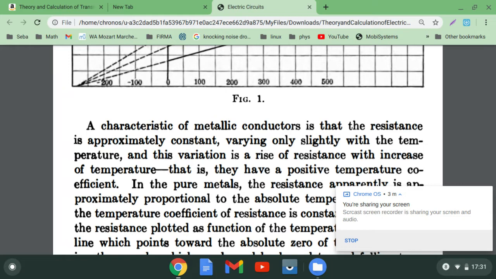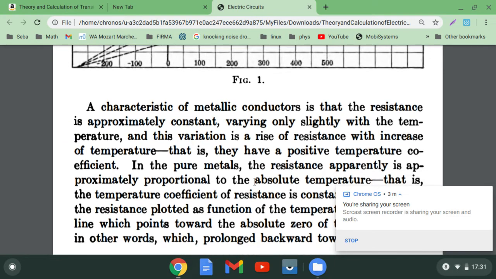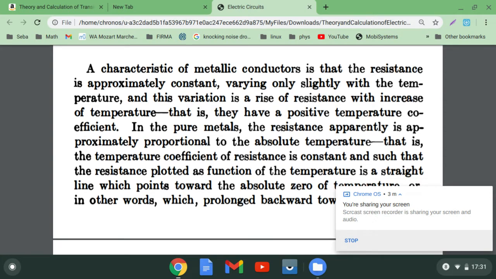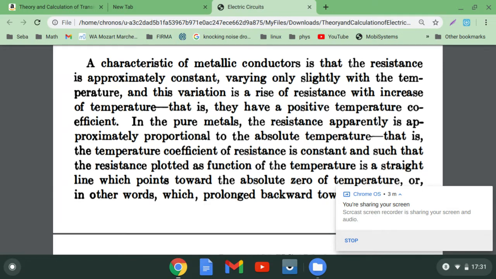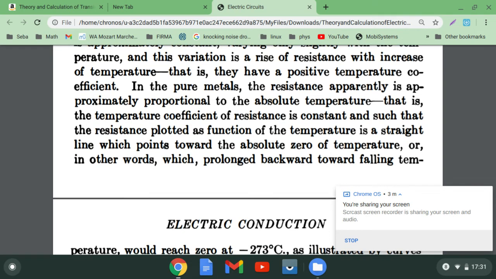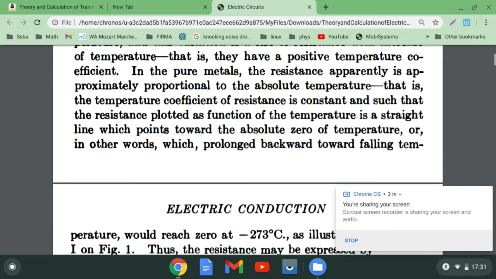A characteristic of metallic conductors is that the resistance is approximately constant, varying only slightly with the temperature, and this variation is a rise of resistance with increase of temperature. That is, they have a positive temperature coefficient. In the pure metals, the resistance apparently is approximately proportional to the absolute temperature.